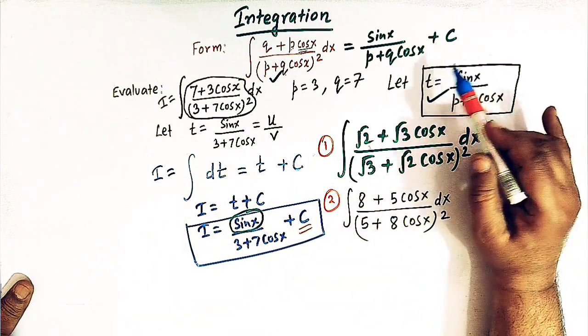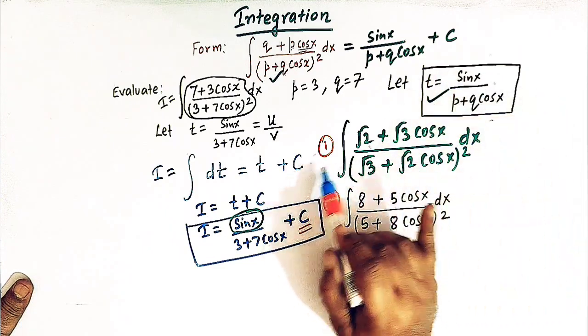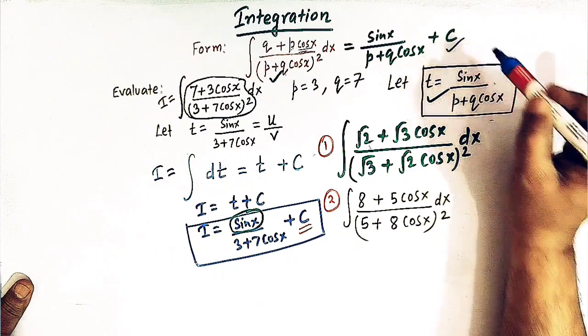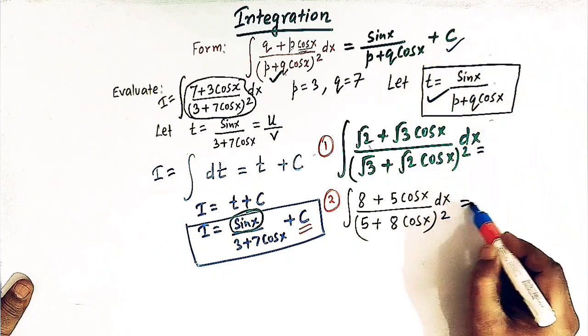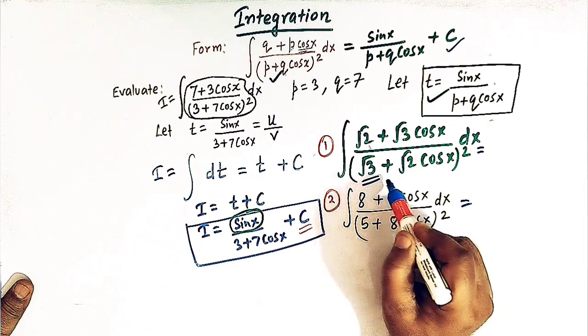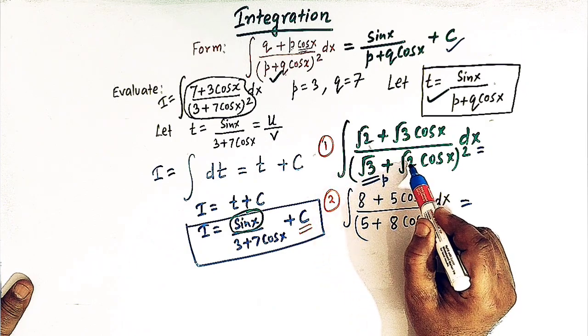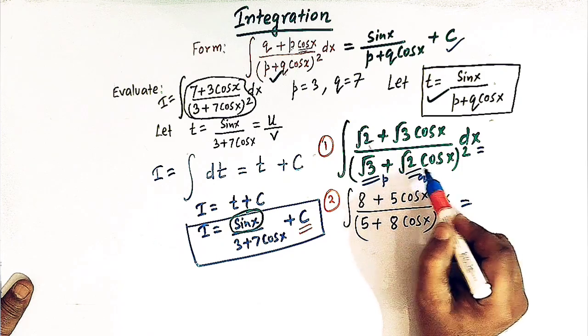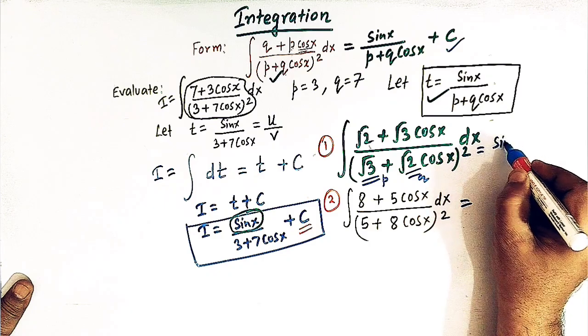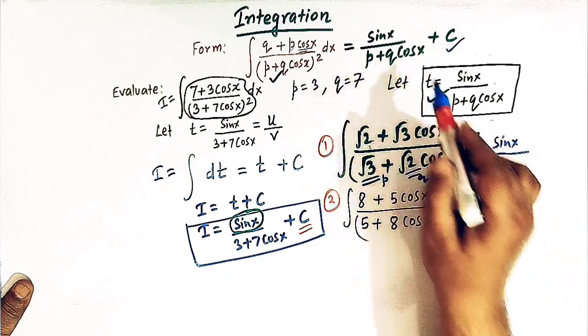So from this discussion, we can now easily write down the values of these two integrals directly with the help of this result, right? So in the first case, the value of p is square root of 3, and the value of q is square root of 2. So the value of this integral is sin x divided by (p plus q cos x).